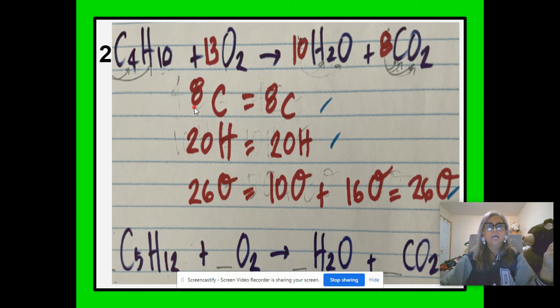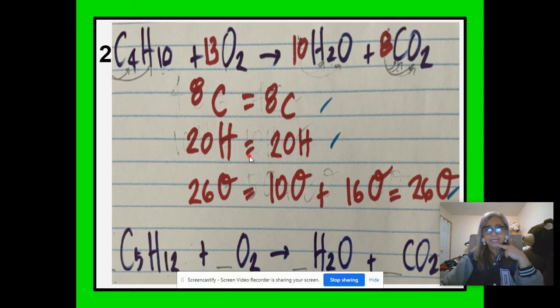So how many carbons do we have on the left? 2 times 4, that would be 8 on the left. How about on the right side? How do I make it 8? Initially, CO2 is just CO2 by itself. So if I want it to be 8, I need to write down 8. So there you go. C now is balanced.